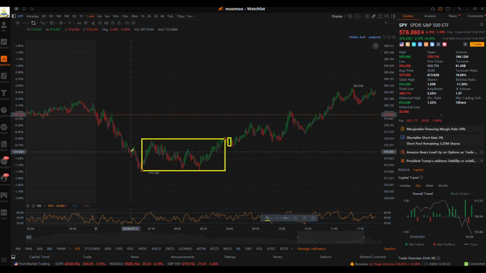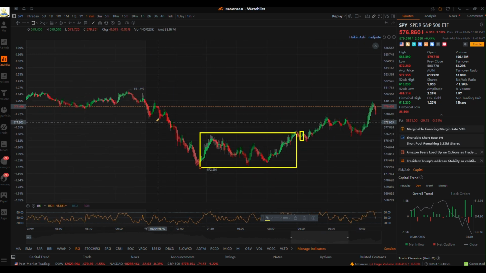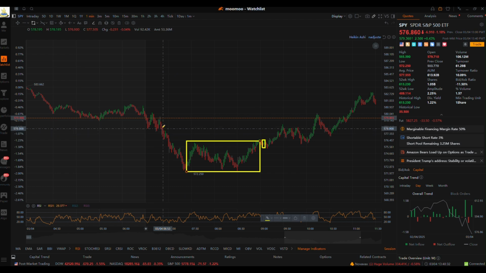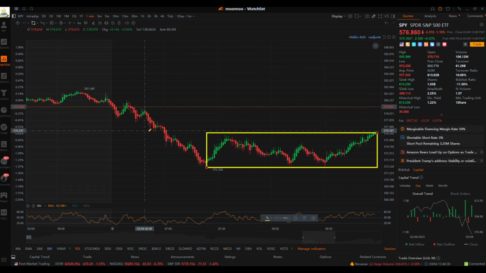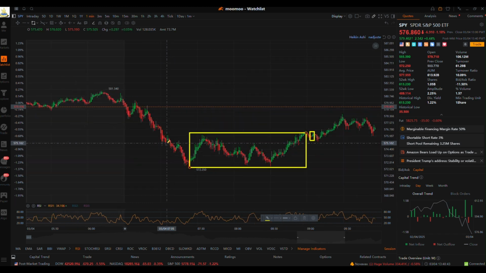But what about here? How come it doesn't find the signal here? Because before this, or let's say about an hour after the market opens, this is pre-market volume activity. It's not going to give you a solid signal in here because this is just pre-market volume activity.